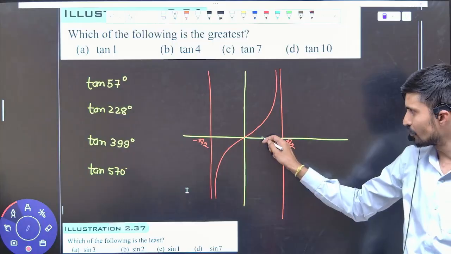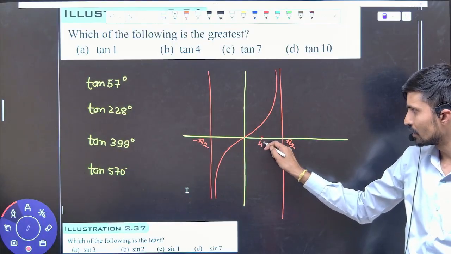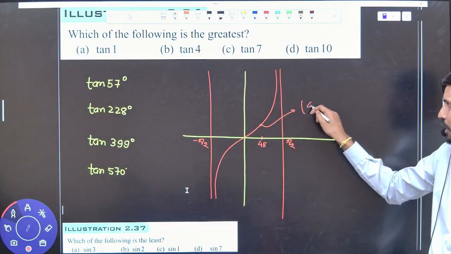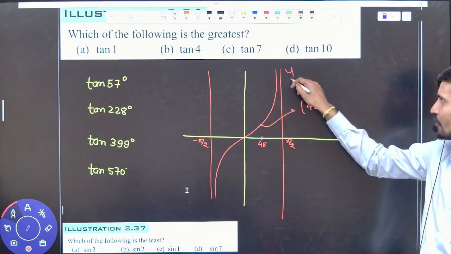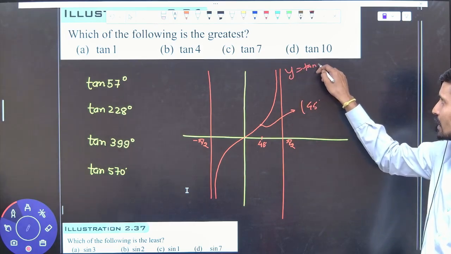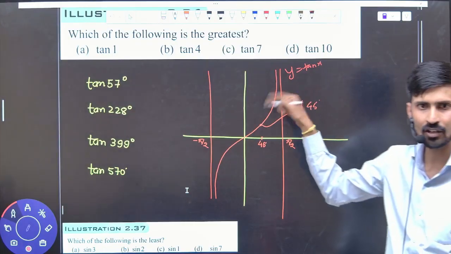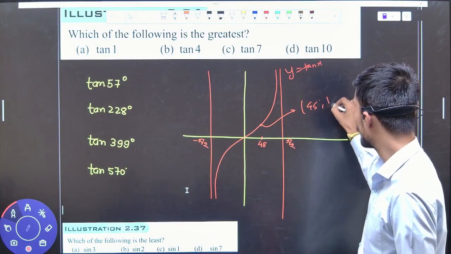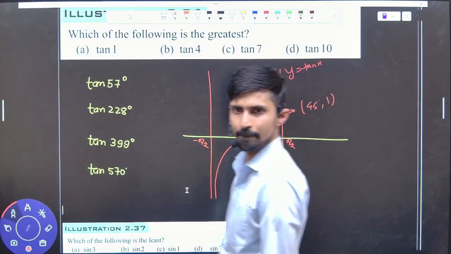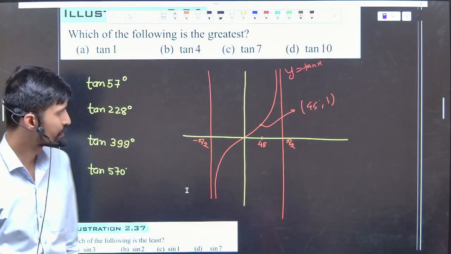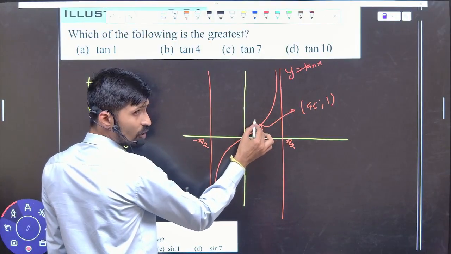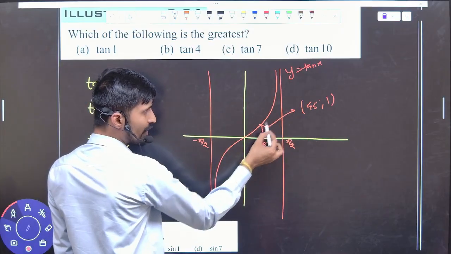See, this is 45 degree, so on this point the x coordinate will be 45 degree, and the graph is y equals tan x.